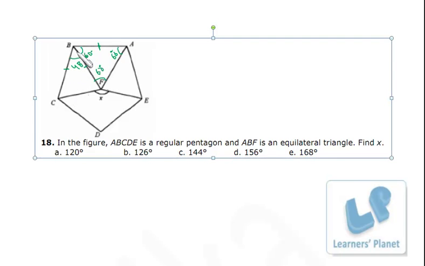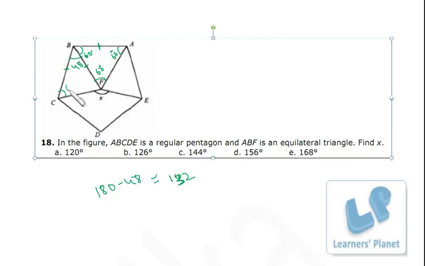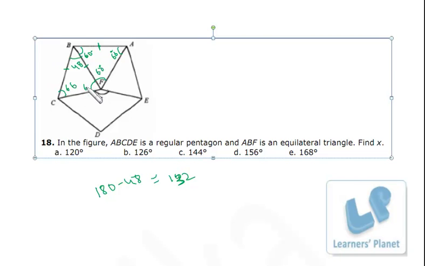Now this side is equal to this side, so from 180, if we deduct 48, we'll get 132, right? So 132, and BC is equal to BF, so each angle will be half of 132. I can say this is 66 and this is 66.